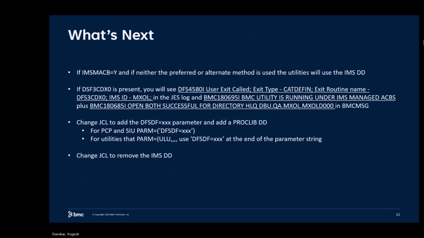Basically, make sure DFSDF is at the end of the parameter string. Also, we're going to make a change in the JCL to remove the IMS DD, so it's not required for the IMS DD to be there. Let's see, is there one more slide after this one?